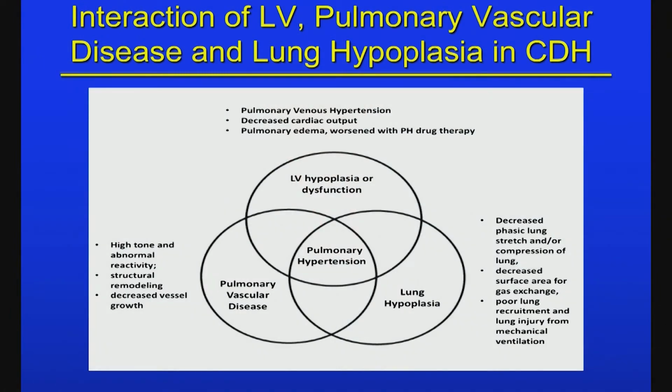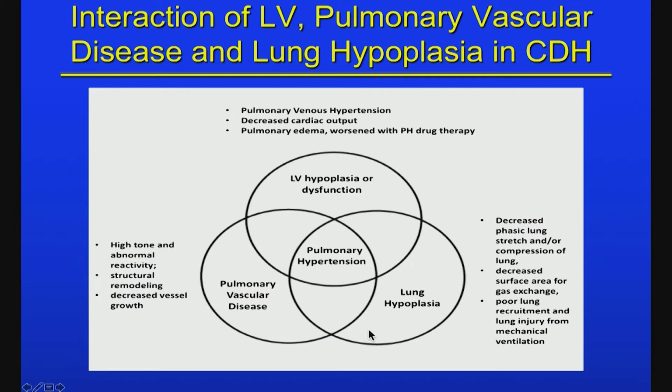So to summarize all of these interactions, we did a recent review of the LV and CDH in the Journal of Pediatrics, and this is from that manuscript. I think this is much more complicated than I've always thought about it over the years until more recently.